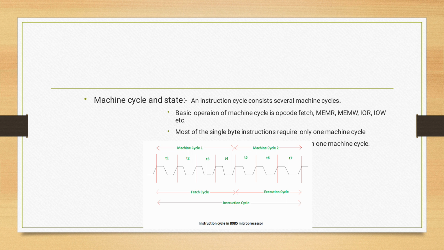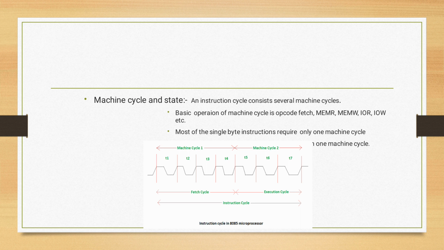In other words, the necessary steps carried out to perform a fetch, a read or a write operation constitute a cycle which is known as the machine cycle. In a machine cycle, one basic operation such as opcode fetching, memory read, memory write, input output read or write is performed. So an instruction cycle consists of several machine cycles.